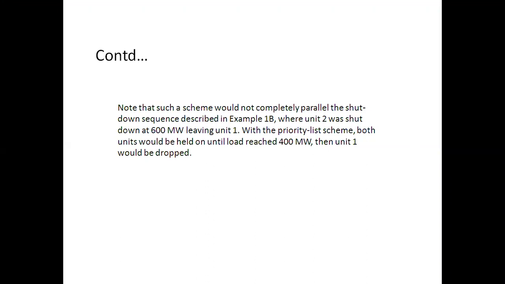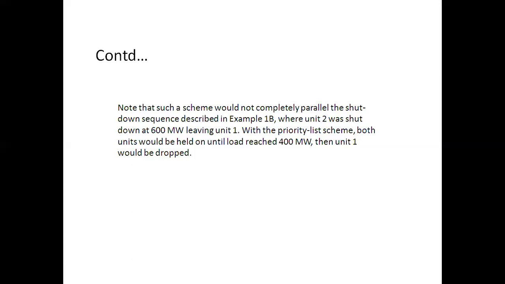and unit 1 is dropped. It totally depends upon the priority list method, where the minimum full load average production cost of unit 2 makes unit 2 commit for the load below 400, and we have to drop unit 1.